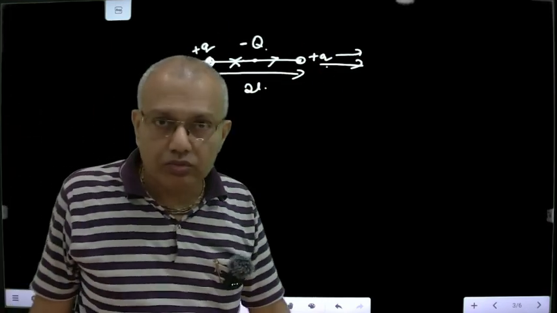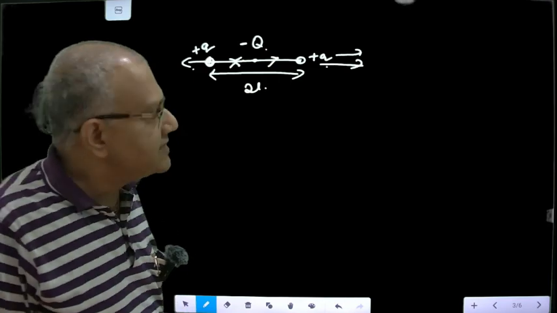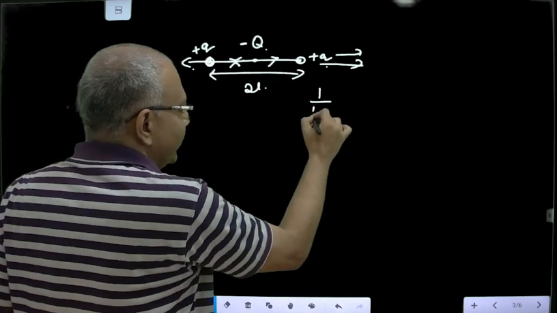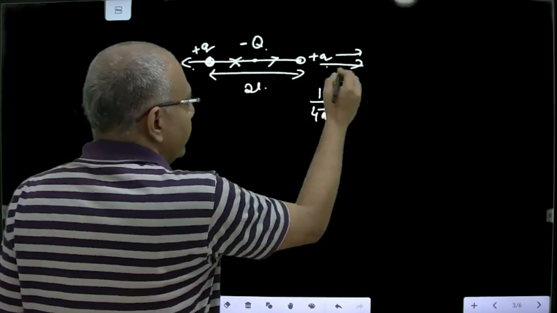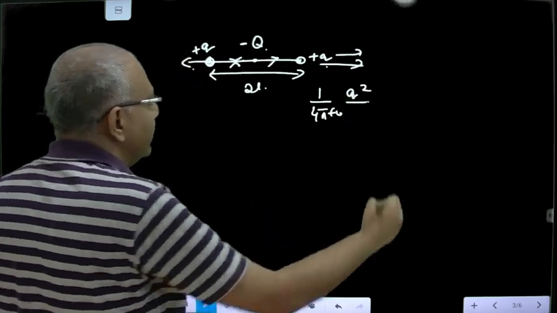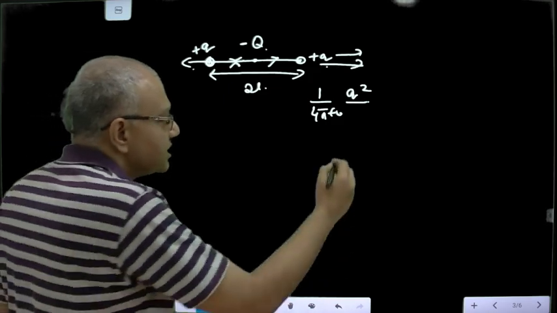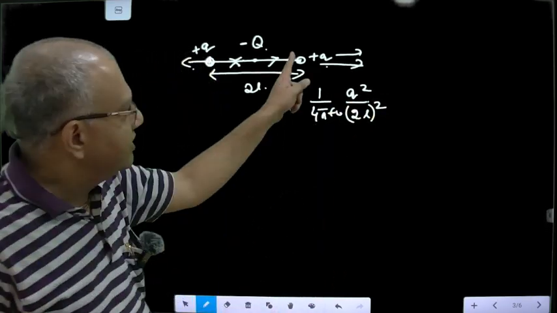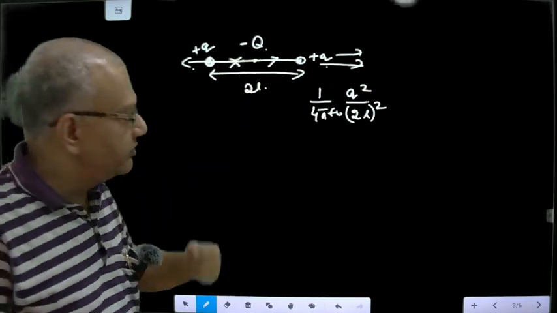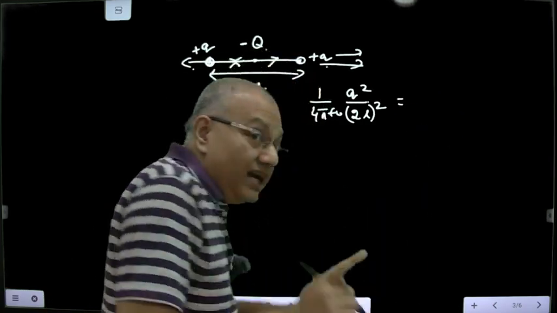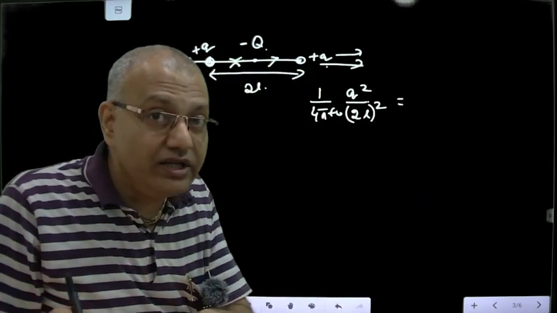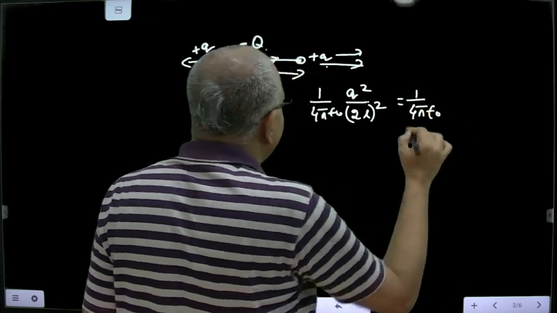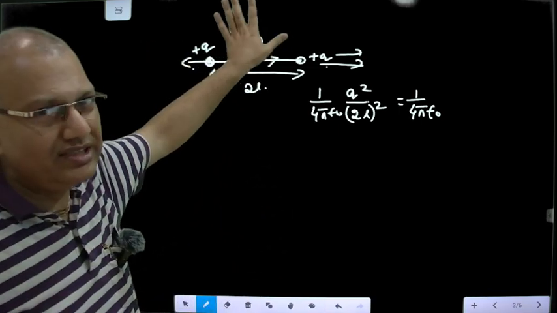Let's think, what is the repulsive force between Q and Q? 1 by 4 pi epsilon naught, Q into Q, that is Q square, divided by the distance 2L whole square. Repulsive. What should be the attractive force? Magnitude-wise they are the same. 1 by 4 pi epsilon naught, I'm just taking the magnitude, nothing else.